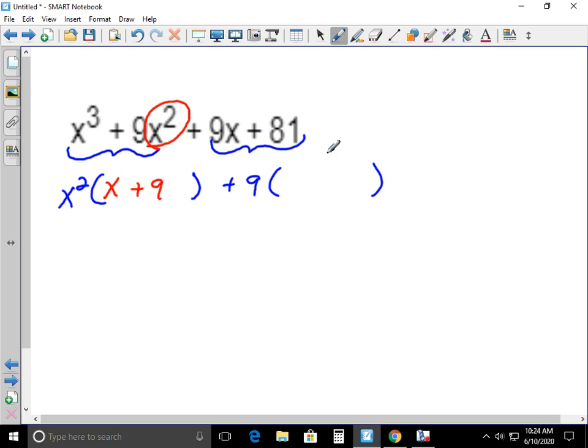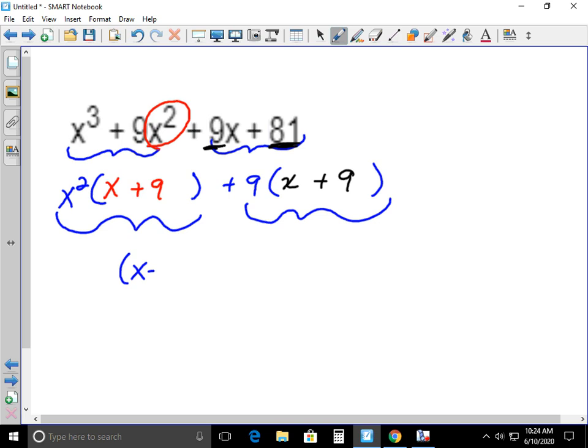In the second parenthesis, if we take a 9 out of the first term, we're left with an x. And for the second term, 9 times what makes 81? Well, 9 times 9. And then this is like a problem a couple back. This is a term, this is a term. They both have something in common. They have that parenthesis in common.